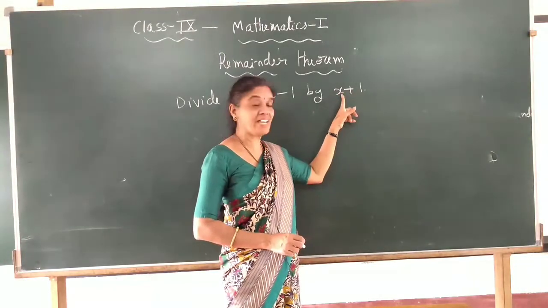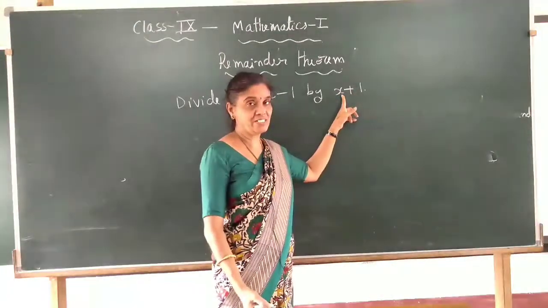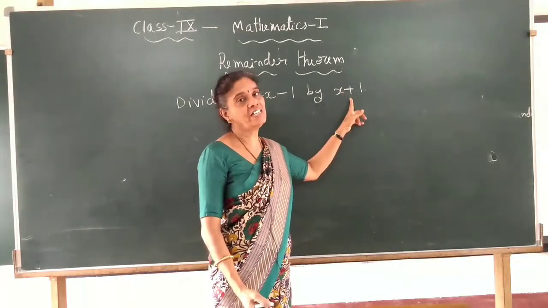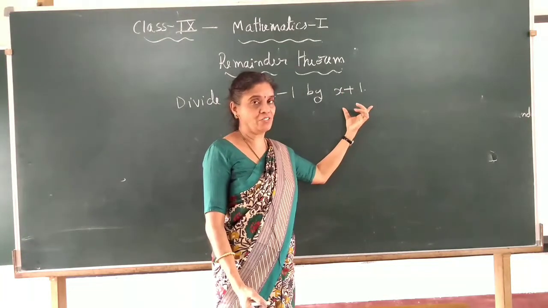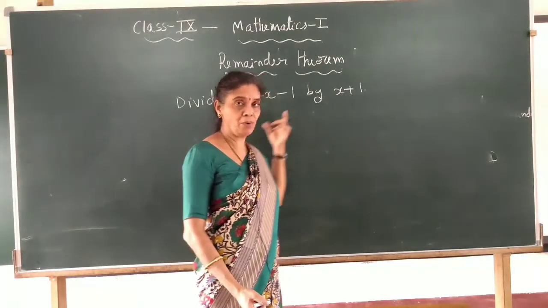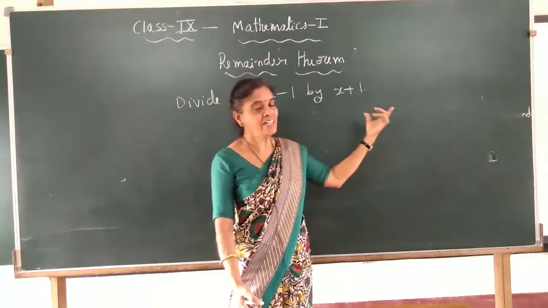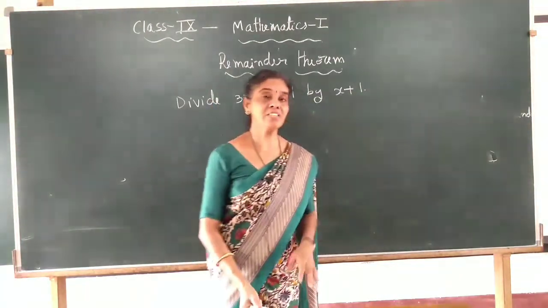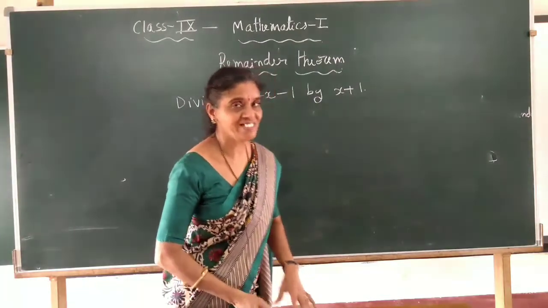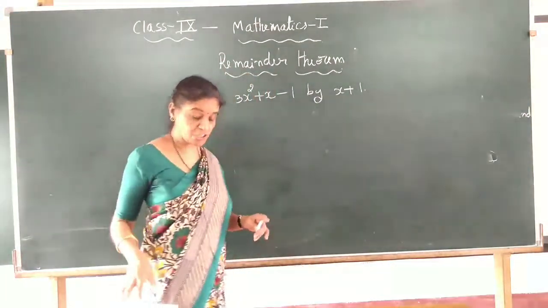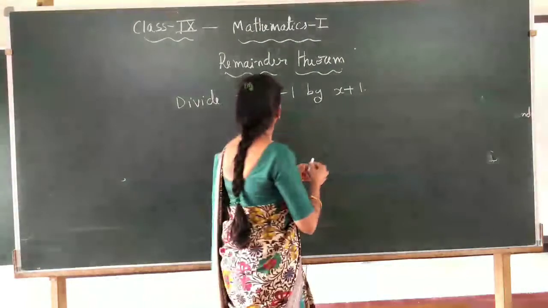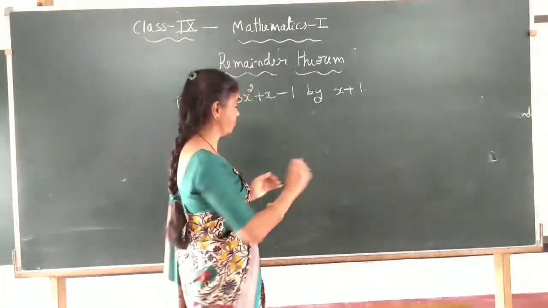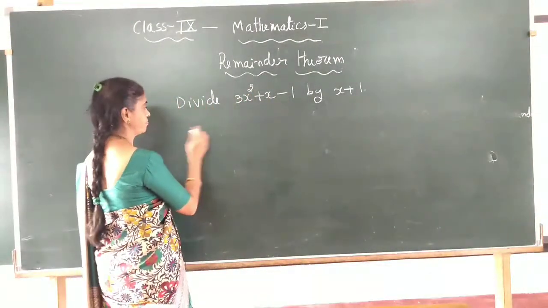What is the power of x here? 1. So its degree is 1, so it is a linear polynomial. So one polynomial is divided by another polynomial. How to do the division? I will show you the long division. I will do it here, no problem.